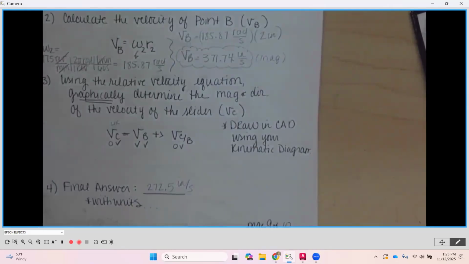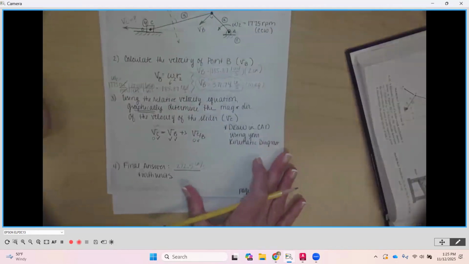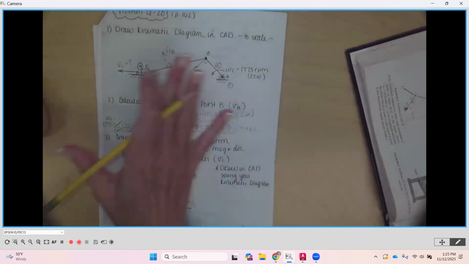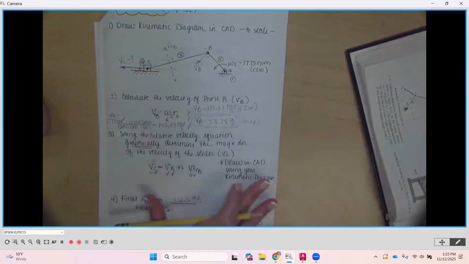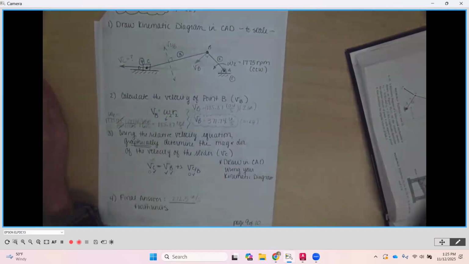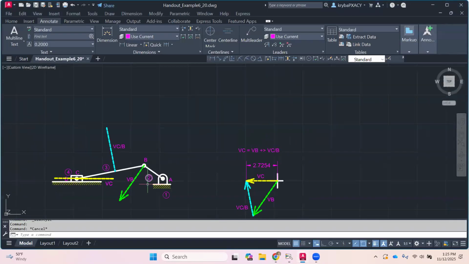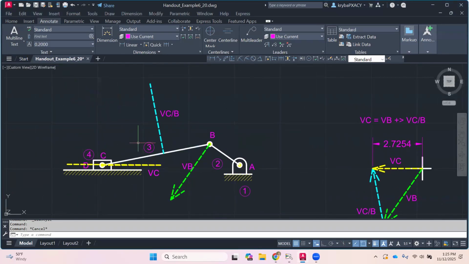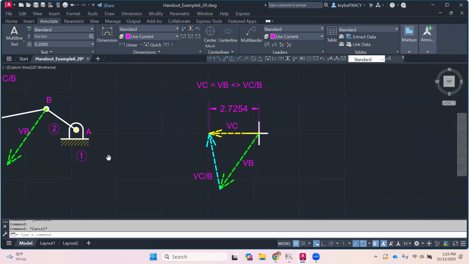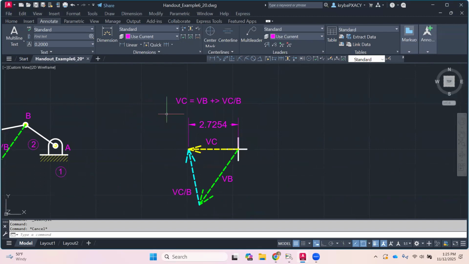Now, as far as handing in, as we look at this example, you have everything filled in as we see it here on the handout. But additionally, you will be handing in the original diagram here, a screenshot of this, and a screenshot of your vector diagram with the equation and the dimension for the velocity of C.